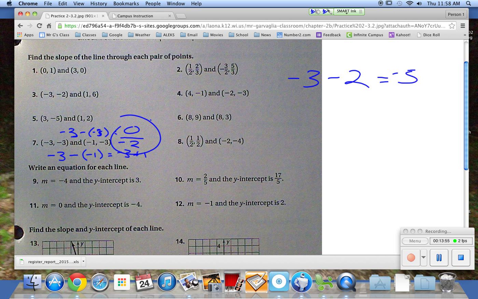Since it's negative, we put negative. If I have negative 3 plus 1, now I have two opposite signs. I'm going to subtract the two and put the sign of the largest one on there. This would be negative 2.